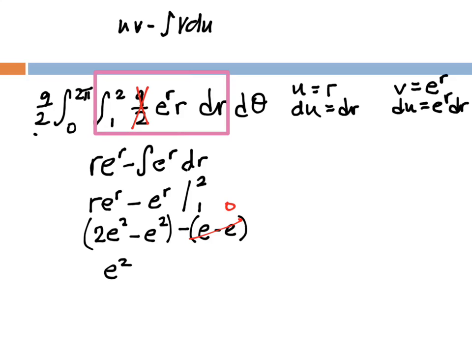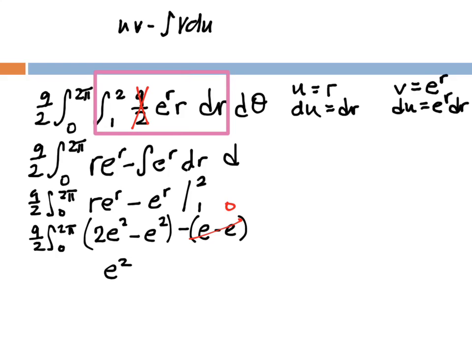All right, and at the very front of this, I need to include all of those details, including that 9/2 that we pulled out at the front of every piece of this. This is d theta, and then finally I've got the d theta with the 9/2 integral from 0 to 2 pi.